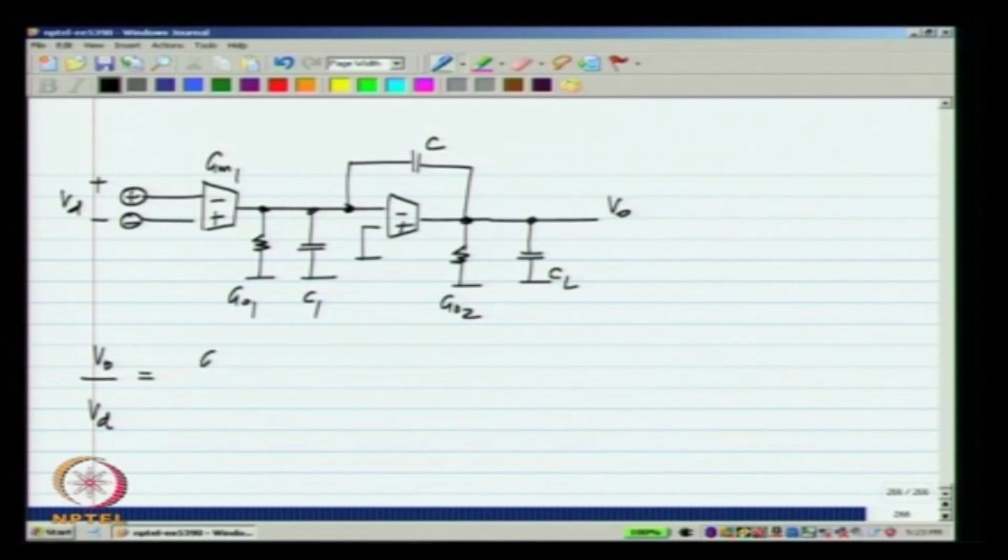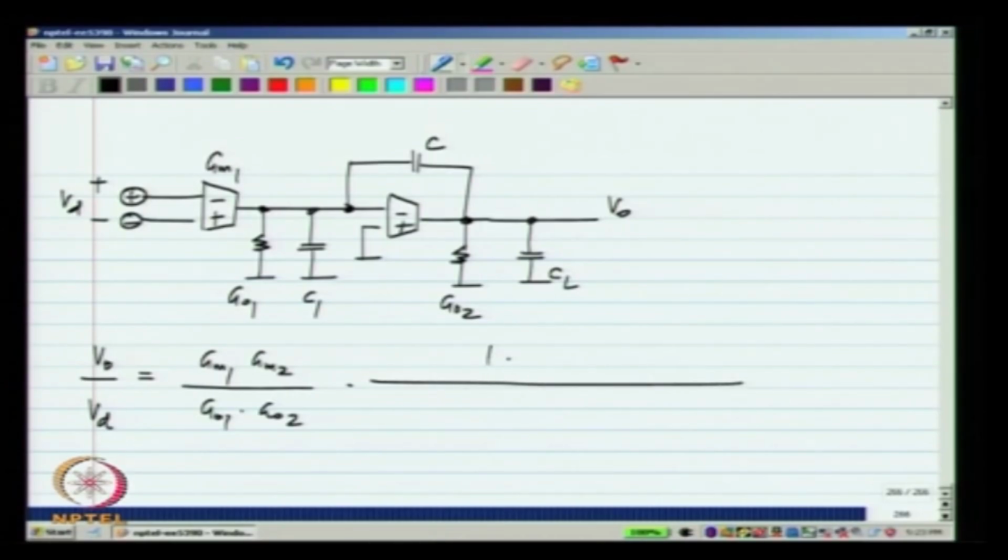We had the DC gain GM1, GM2 by GO1, GO2, and we had a right half plane 0, and we had a second order denominator, which we approximately resolved into two first order factors, S by P1 and S by P2.